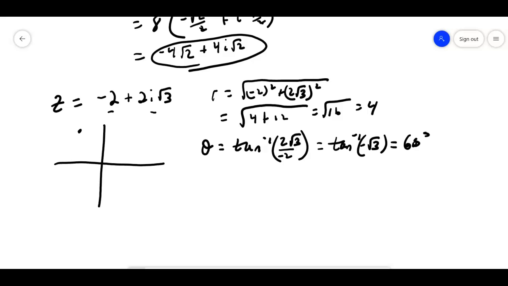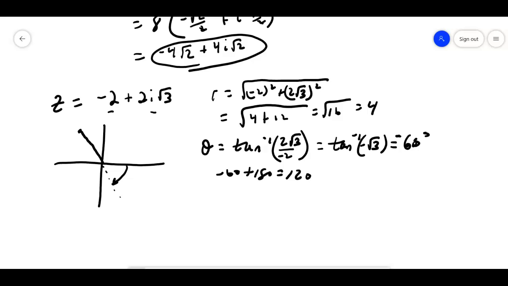I'm sorry, over here this would have actually given you negative 60 degrees. And so negative 60 degrees is down here. What you have to do is add 180 to it. And so the angle should actually be 120. See, this angle up here is going to be 120.